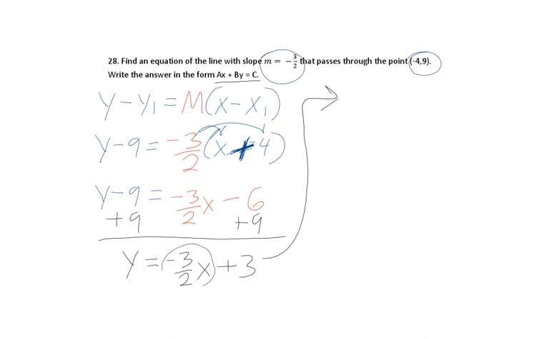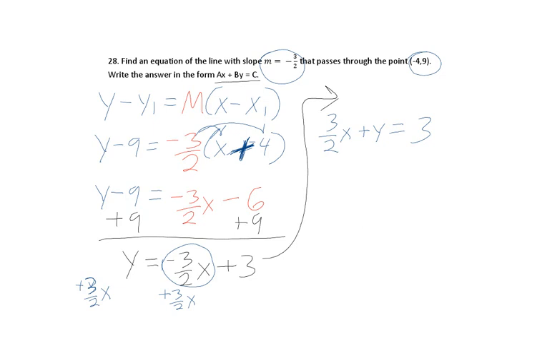First, all of this must move to the other side, and that can be accomplished by adding 3 over 2x to both sides. As a result, you get 3 over 2x plus y equals 3. And then ax plus by equals c form means no fractions. We've got to get rid of the fractions.